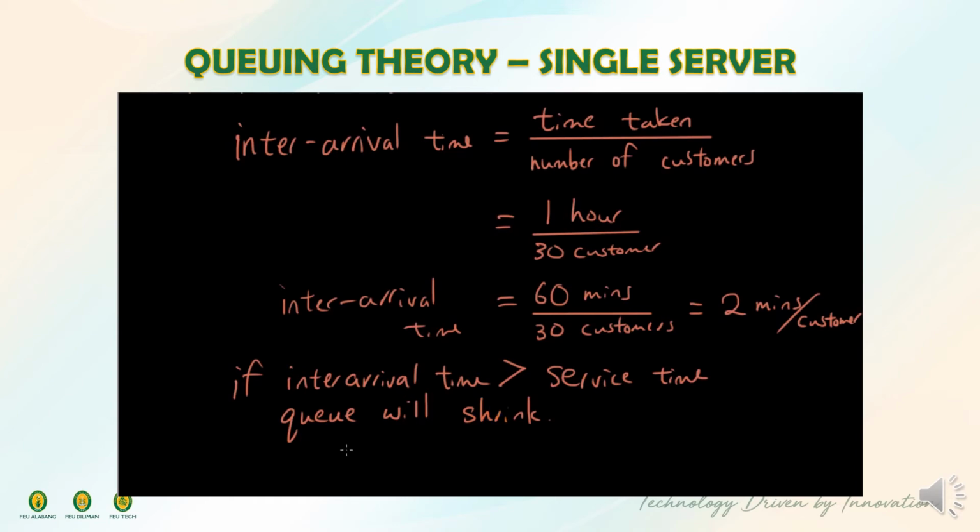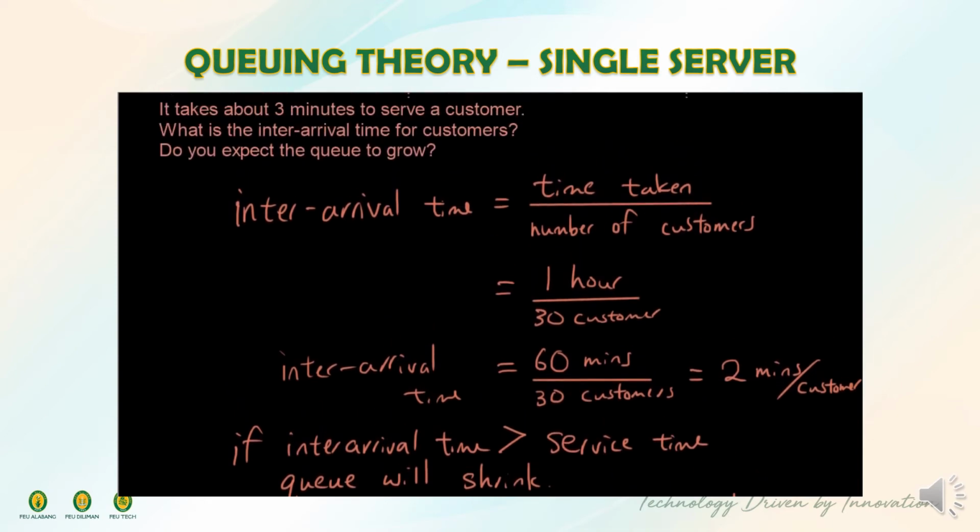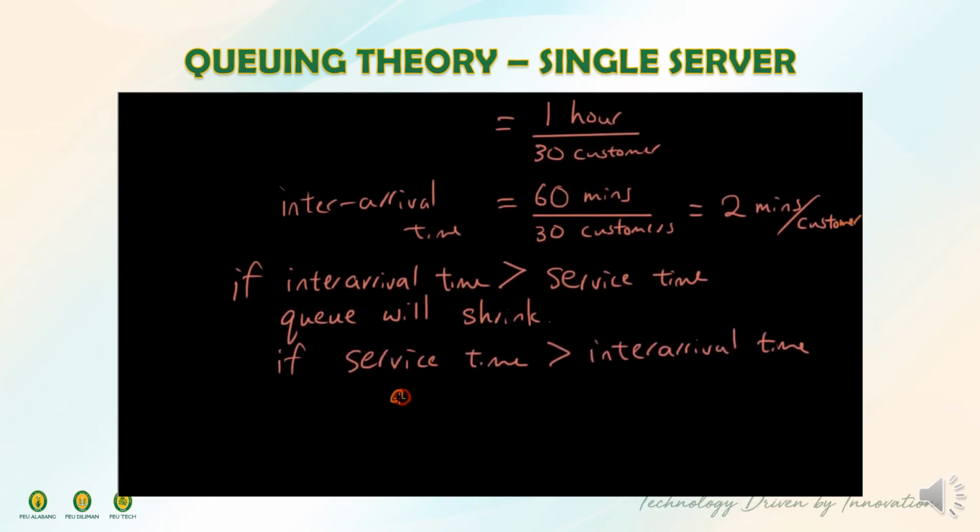If it was the other way around, if service time, so how long it takes to serve a customer, is greater than inter-arrival time, let's say you take 3 minutes to serve a customer, but customers keep arriving 1 every 2 minutes, then the queue will grow.